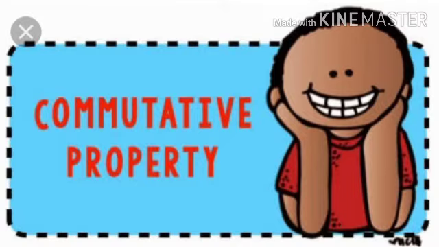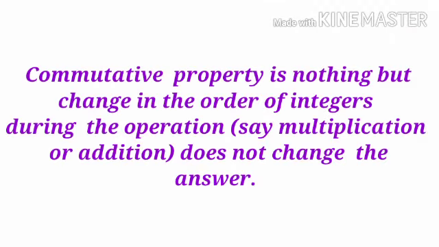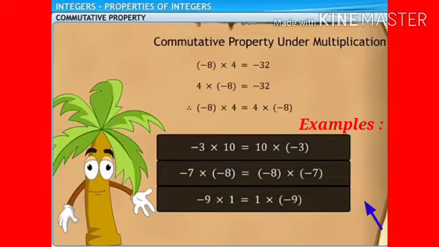The next property is commutative property. Commutative property is nothing but a change in the order of integers during the operation, say multiplication or addition, does not change the answer. The order in which we multiply two integers does not matter.